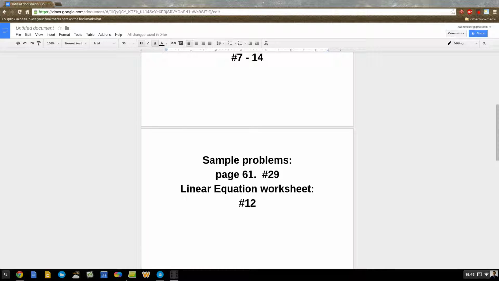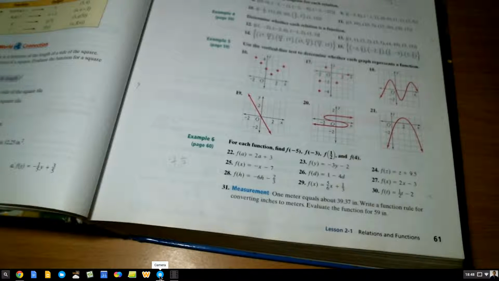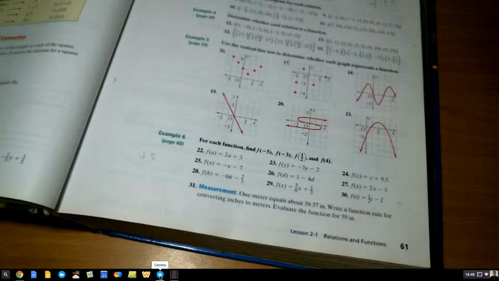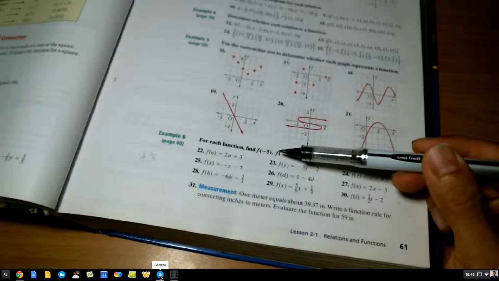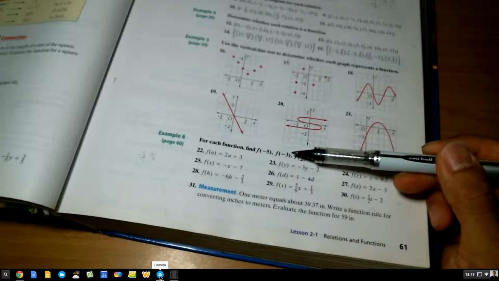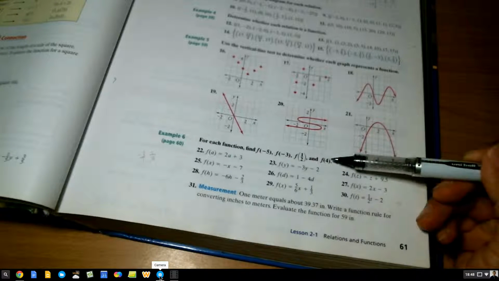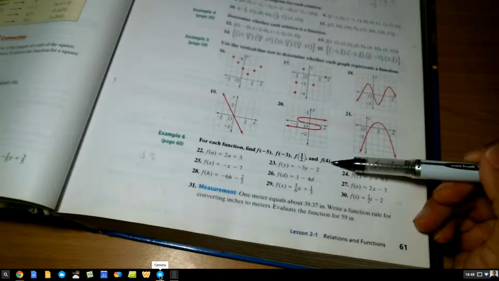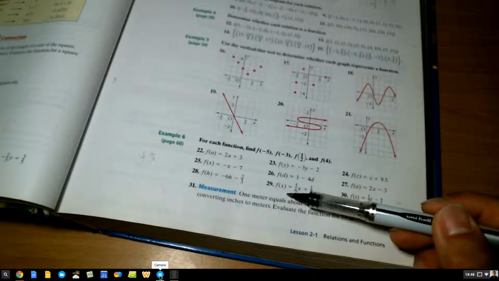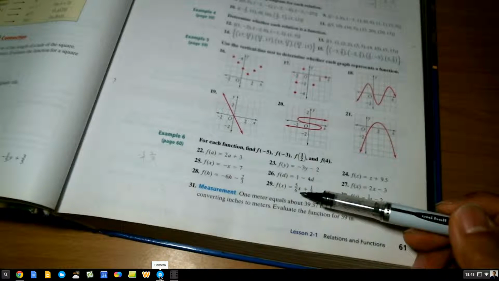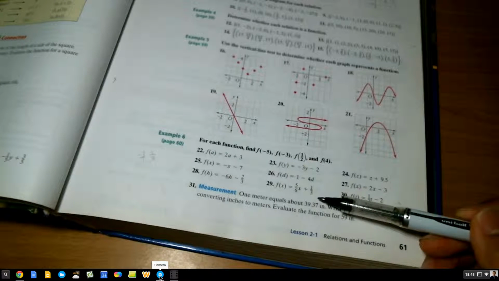12. Okay, so first let's look at number 29 on page 61. Number 29 says for each function, find f of negative 5, f of negative 3, f of 1/2, and f of 4. And the equation we have is f of x is equal to 5/6 x plus 1/3.